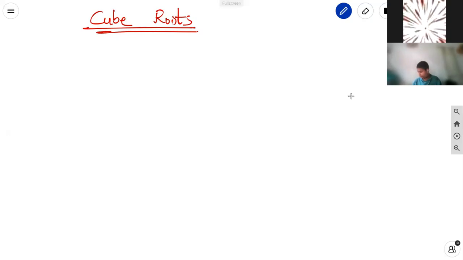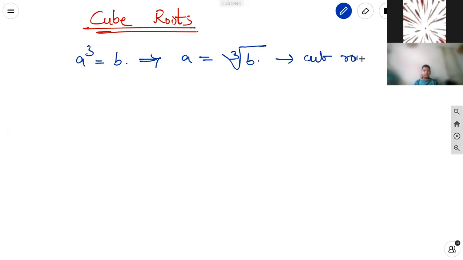Next, we are discussing the cube roots. Suppose a cube is equal to b, then a is the number we get, which means cube root of b. It is called the cube root. The cube root symbol is the root with a 3, of b or of x.